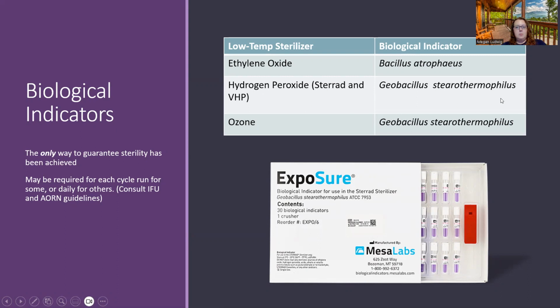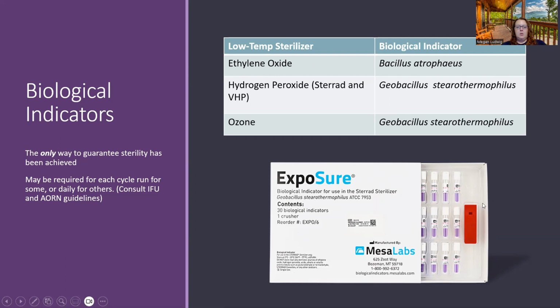The steam sterilizer also uses Geobacillus stearothermophilus. So this one's pretty common. You'll see that one a lot. ETO uses Bacillus atrophaeus. So it's just the most difficult spore for that particular sterilizer to kill. So you're going to put it in the load to run it, and then you're going to put it in something to read it, the biological indicator reader for this particular vial.